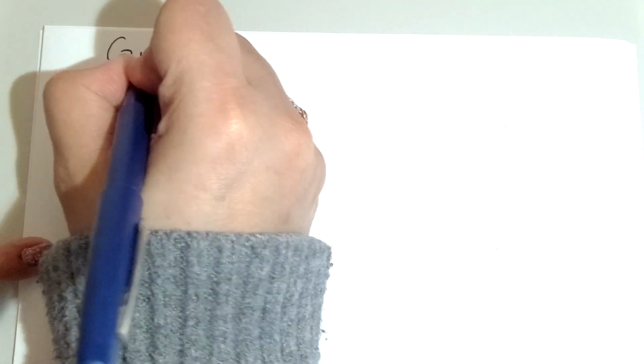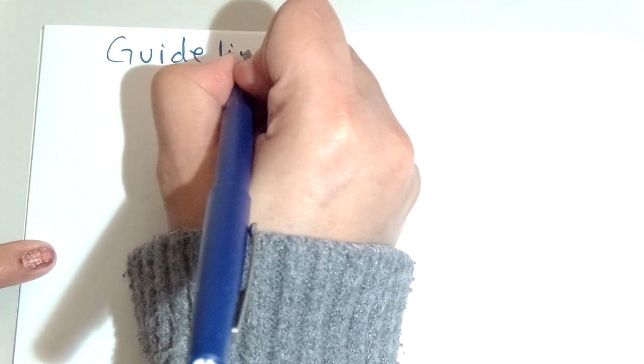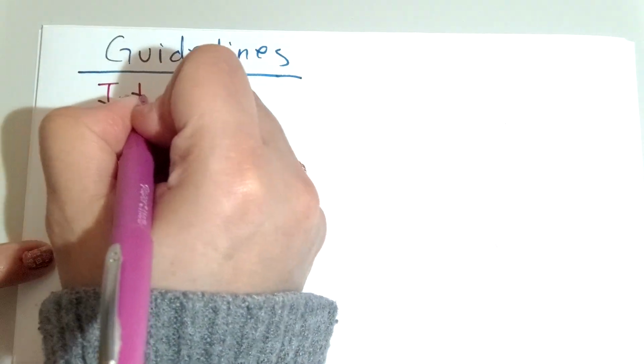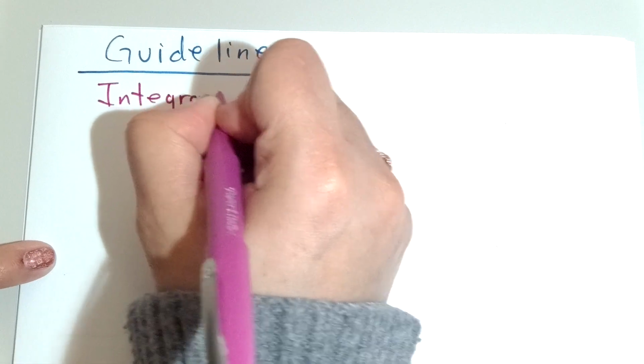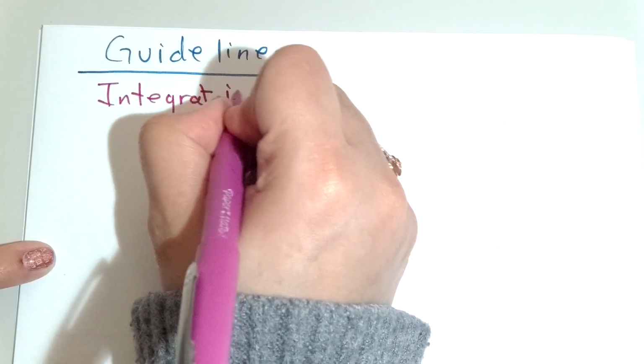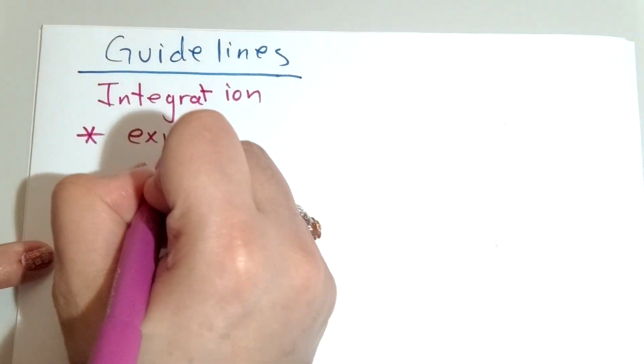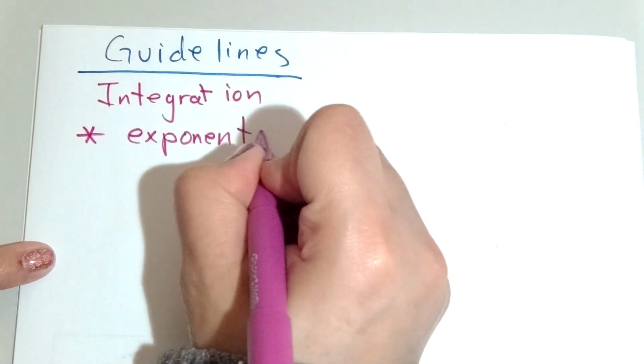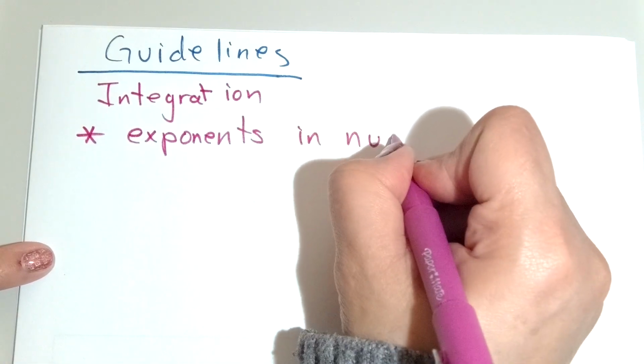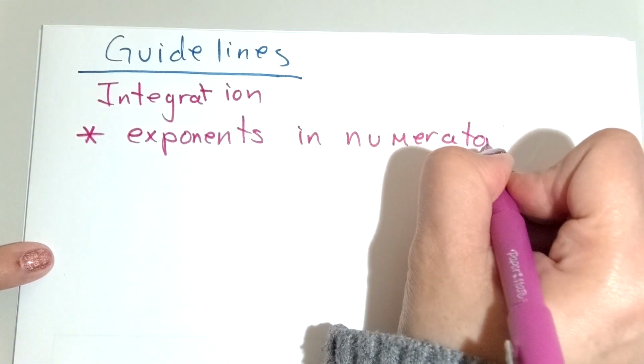So just like I did for derivatives, I'm going to give you some guidelines for these. Things to ask yourself when you're using integration or when you're working with the radicals or negative exponents. So these are not on there. For integration, you want to make sure that we have exponents in the numerator. If they're not, make sure you're using your rules to put them in the numerator.